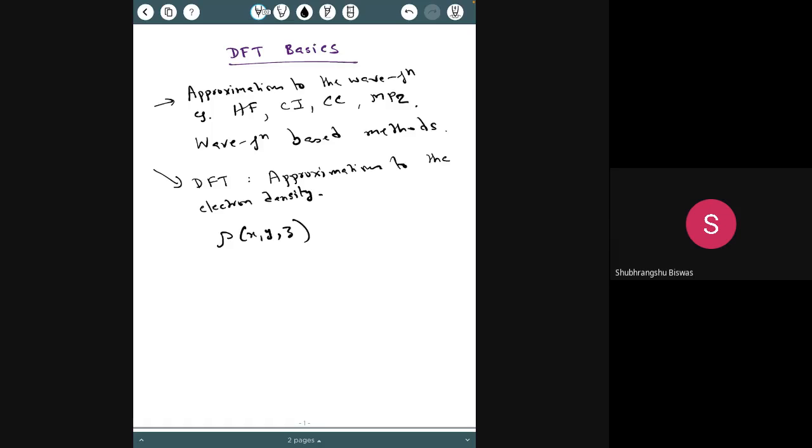So you have more classical pictures like that of the charge density, and that is what you try to impose on the density when you want to approximate it.